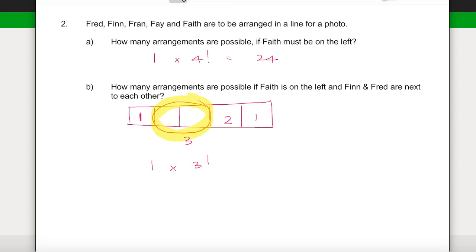We've got 3 factorial ways of arranging, but remembering that Finn and Fred have 2 factorial ways of being arranged in their group together. So that leaves us with 12 ways. 1 times 6 times 2. So this is called the grouping technique, where things will go together, and that could be 2 or more objects.